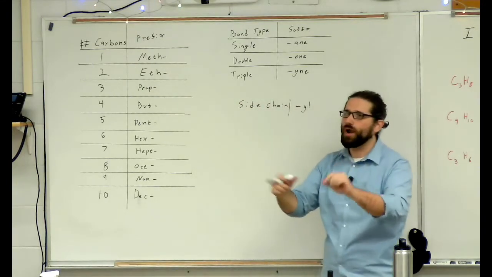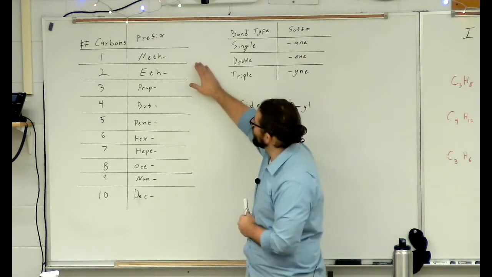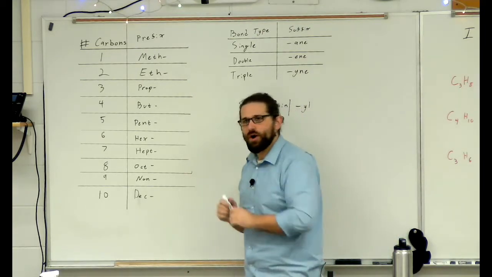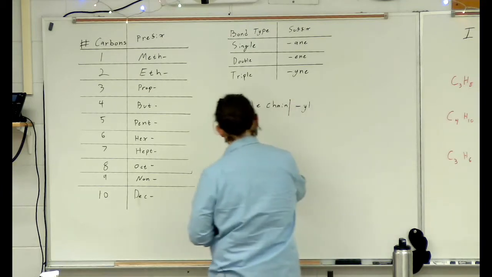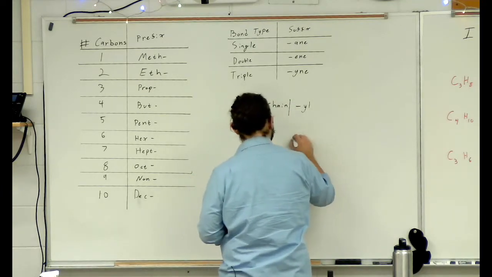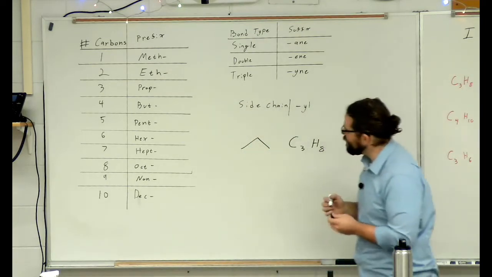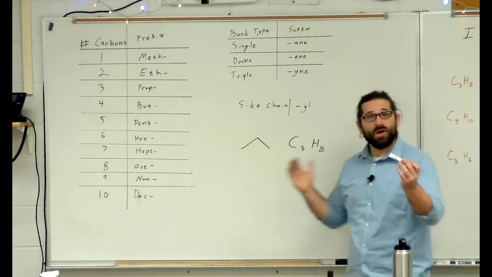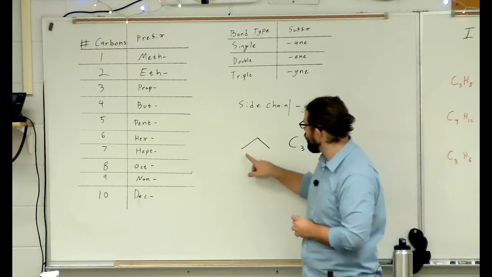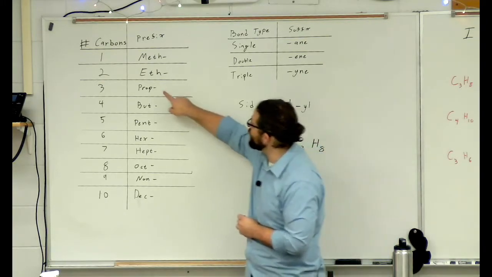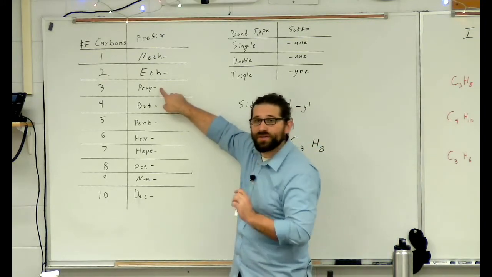That's our simplest one. But the ones we were working with, I started with a 3-carbon chain. That was my 3-carbon chain. That was C3H8. How would I name that? Well, quite simply, I'm just going to count my number of carbons. 1, 2, 3. That would be prop. That would be my prefix, prop.